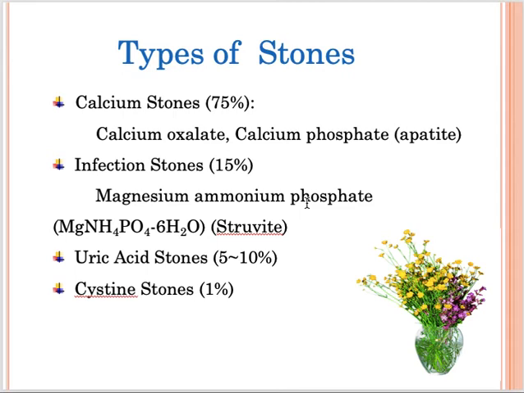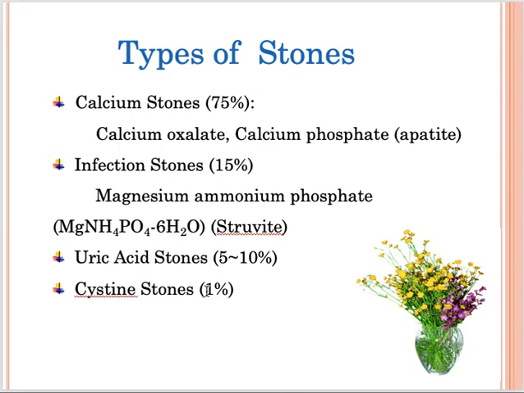Of course there are many types, and as you can see, the most common are calcium stones or calcium phosphate stones, and then there is the magnesium ammonium phosphate stone, which is basically called struvite. There are infection stones, uric acid stones, and cystine stones.